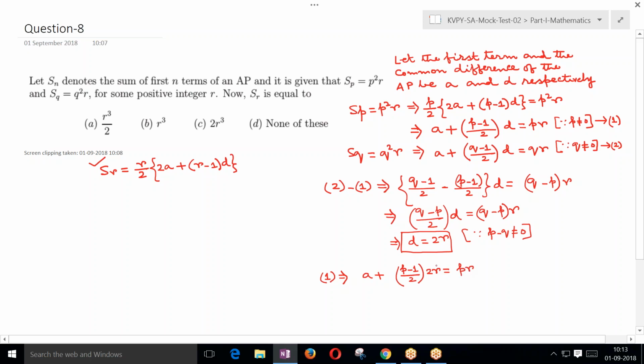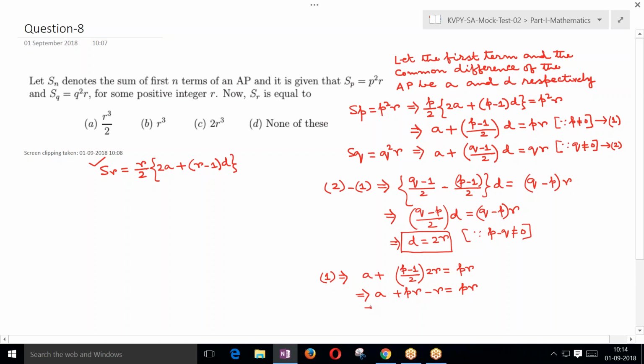Let's simplify. If we simplify, we will get A plus PR minus R is equal to PR.